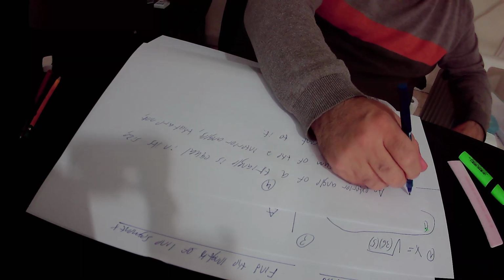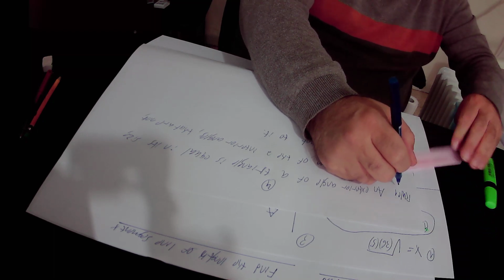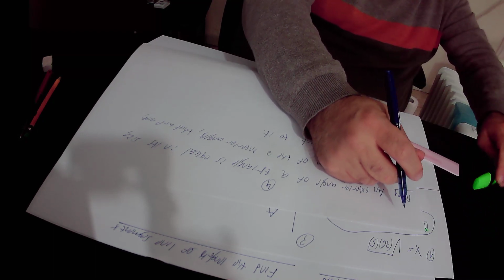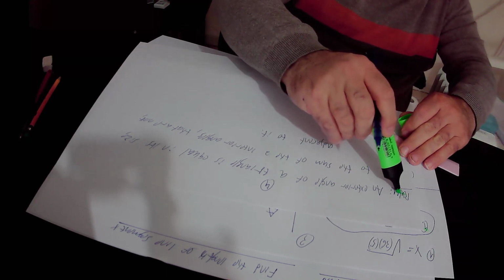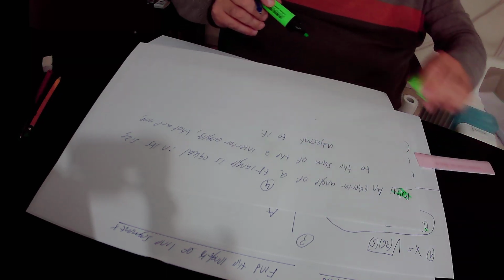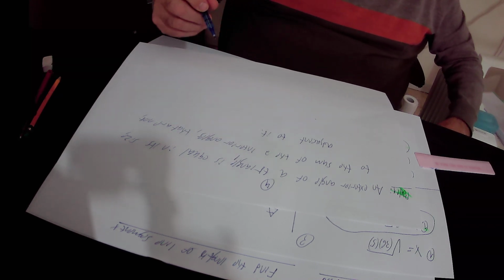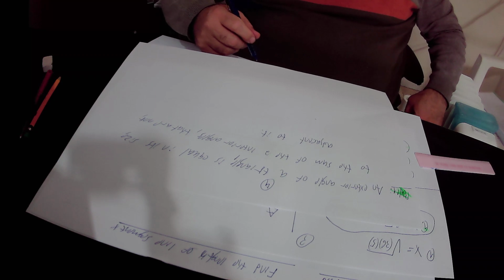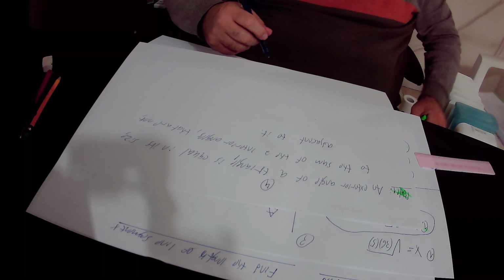So I read rule number 1 again. According to rule number 1, an exterior angle of a triangle is equal in its size to the sum of the two interior angles that are not adjacent to it.